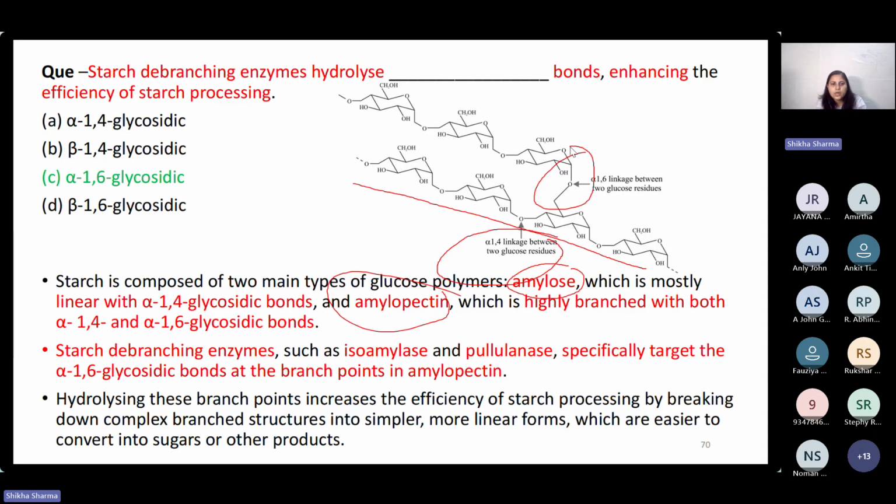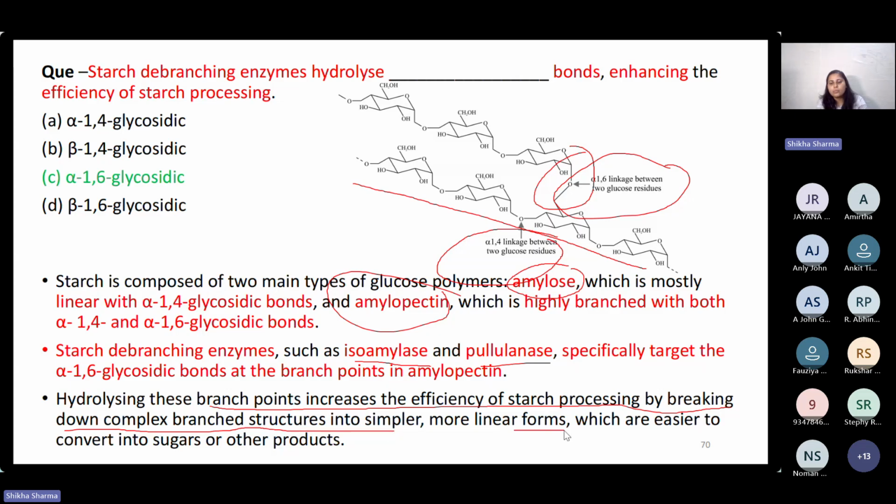So when starch debranching enzymes like isoamylase or pullulanase act, they target this alpha 1,6 linkage between the two glucose residues. So they attack these branching points. Hydrolyzing these branch points increases the efficiency of starch processing by breaking down the complex branched structure into simpler structures.